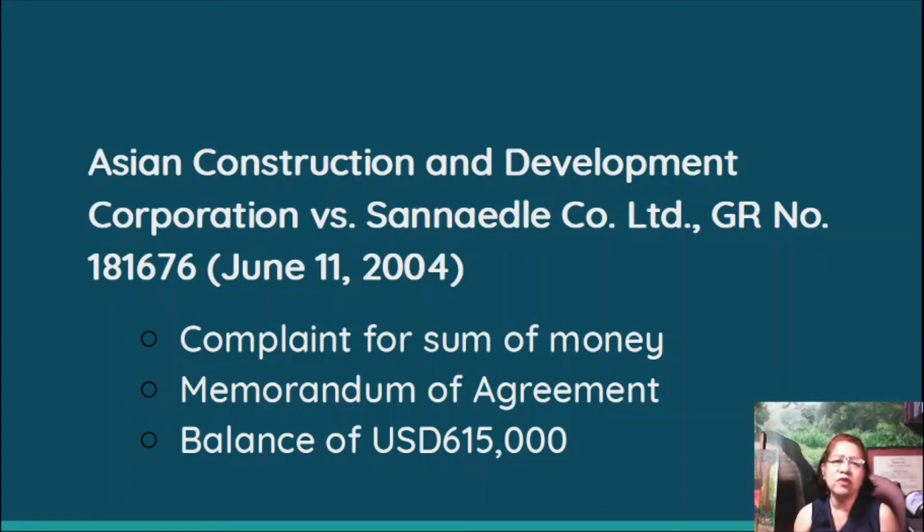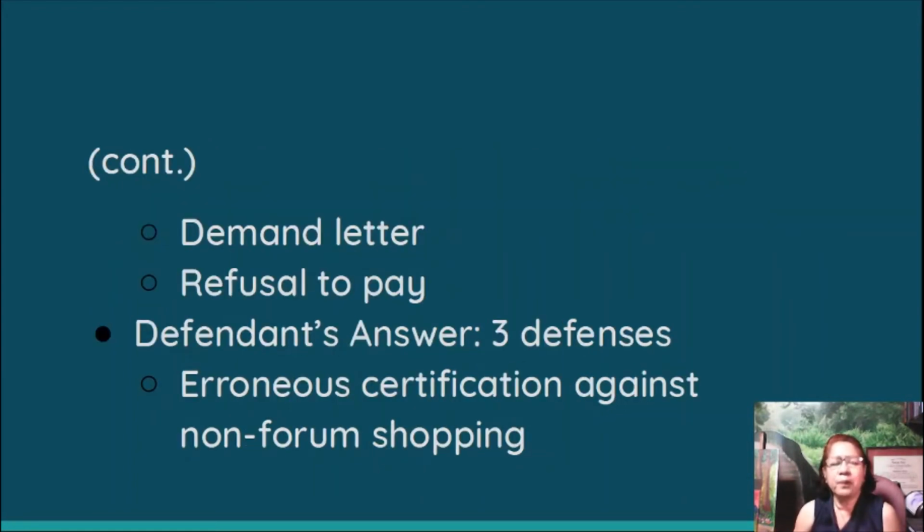In the course of their business relationship, payments were made, but there was an outstanding obligation of $615,000 US dollars. Asia Construct did not pay, so Sanadel sent a demand letter for payment. Despite receipt, Asia Construct still did not pay, compelling Sanadel to file a complaint for a sum of money.